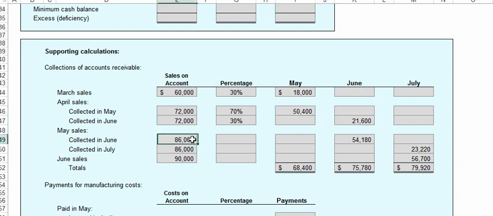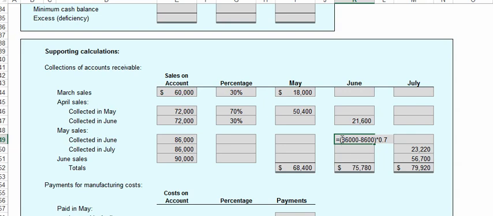Now May sales, these are actually not May sales on account, but May sales in total. Remember, the first thing we got to do to get the amount collected, the 70% collected 1 month later, would be to multiply this number by 0.9 or subtract out the 8,600 cash sales. So see, that's what we did.